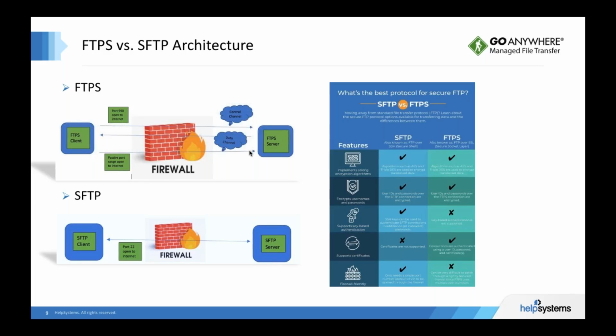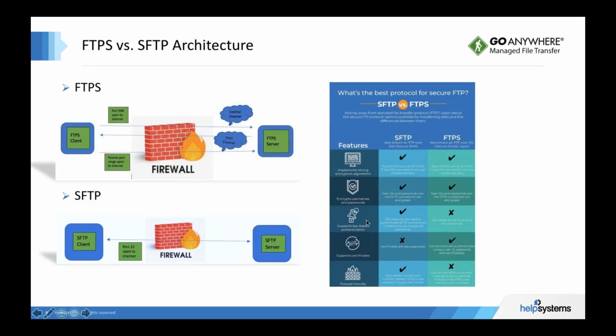So with SFTP, as you can see, much more straightforward. Back and forth, all over port 22 by default. You can modify that if you don't want to use port 22, but the main takeaway is, it's bidirectional communication. It's one single port that your firewall admins have to worry about. And just this little nice graph that you have here to look at.